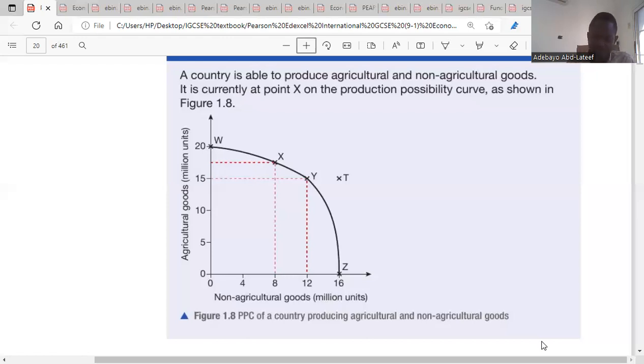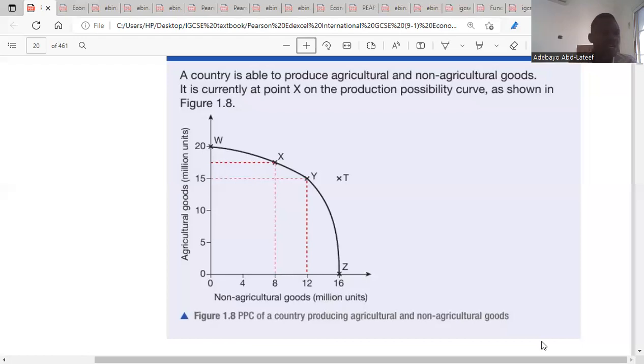Listen now, I said the country is at point X, producing 17.5 million agricultural goods and 8 million non-agricultural goods. That is at point X. But there's a movement now from X to Y. So the movement from X to Y for agricultural goods will be 17.5 million to 15 million. And the movement for non-agricultural goods will be 8 million to 12 million. Yes or no?